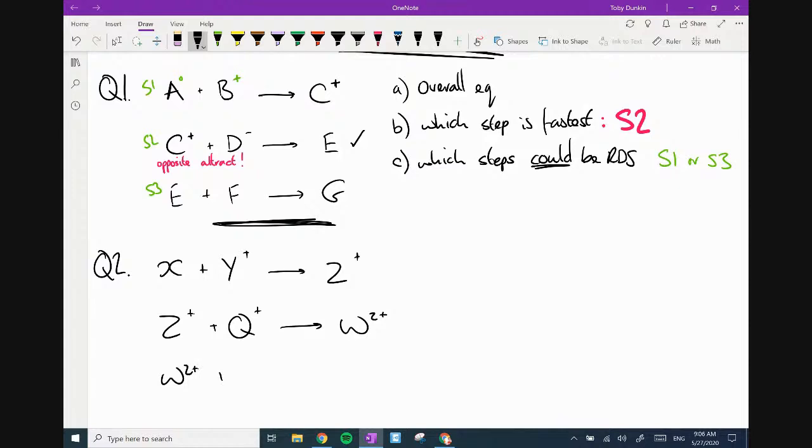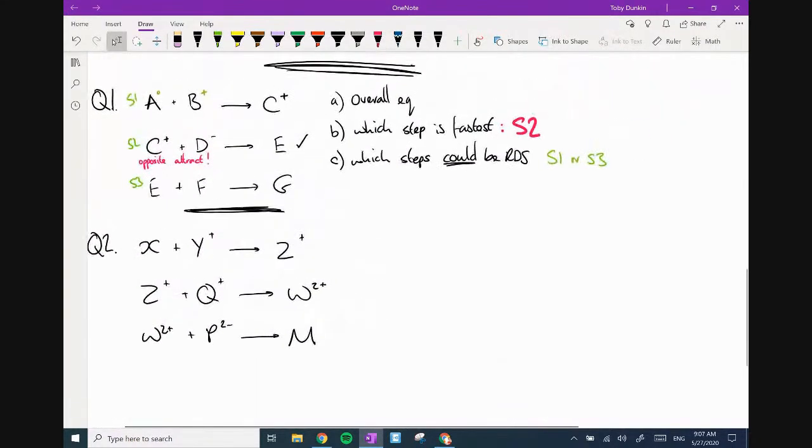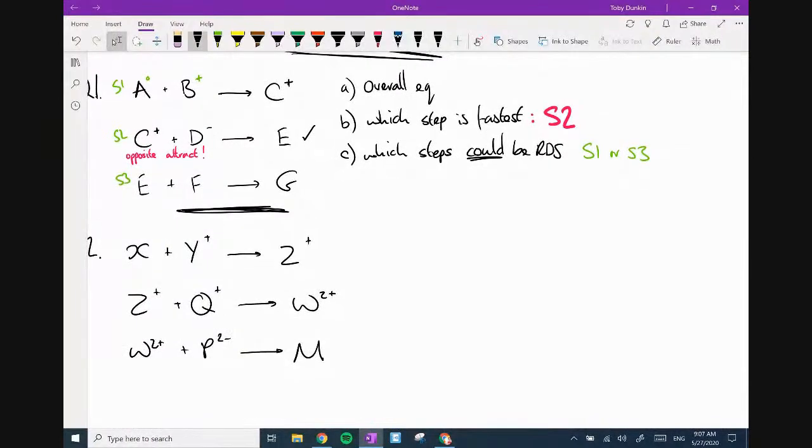W2 plus plus P2 minus will go to M. This question's very different because the questions change. A would be continuing to say overall. This is just a combining. I'm actually going to give you the answers to this above, in a set to the other previous one.